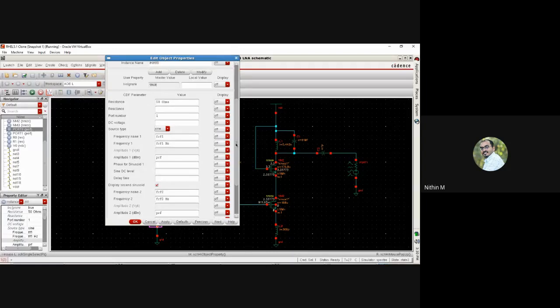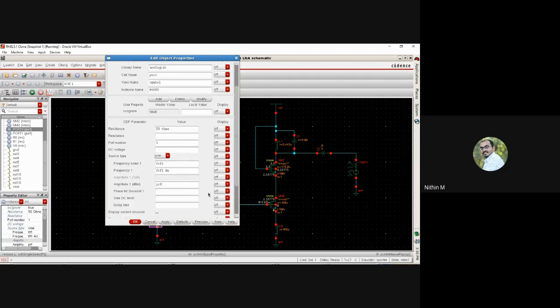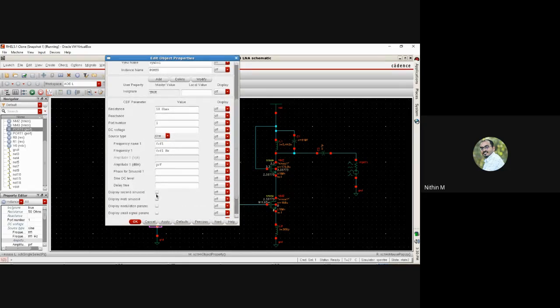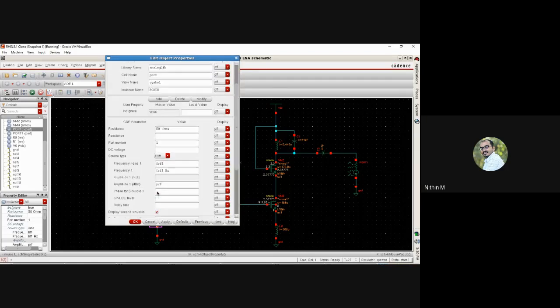The source type is enabled as sine with the frequency name FRF1, and the value is assigned in the ADL window. Input is given as PRF. The second sinusoid is usually not there, so we have to enable it by clicking the checkmark.